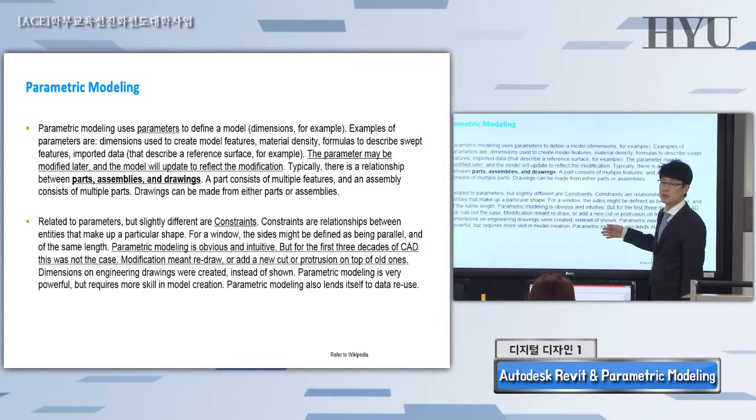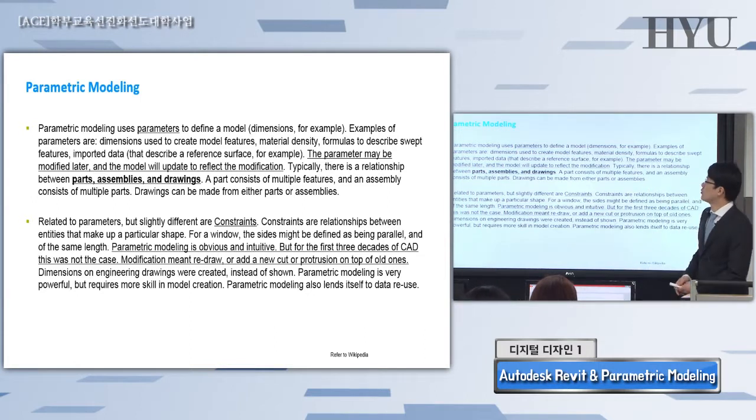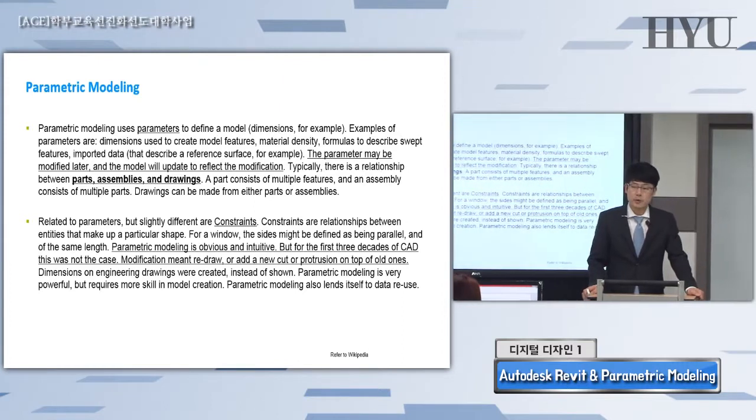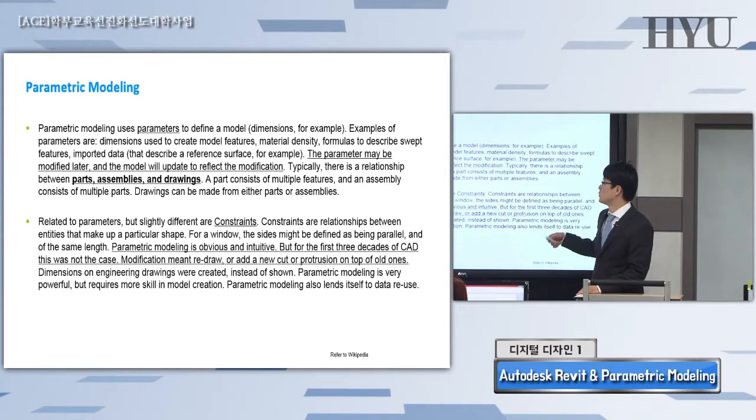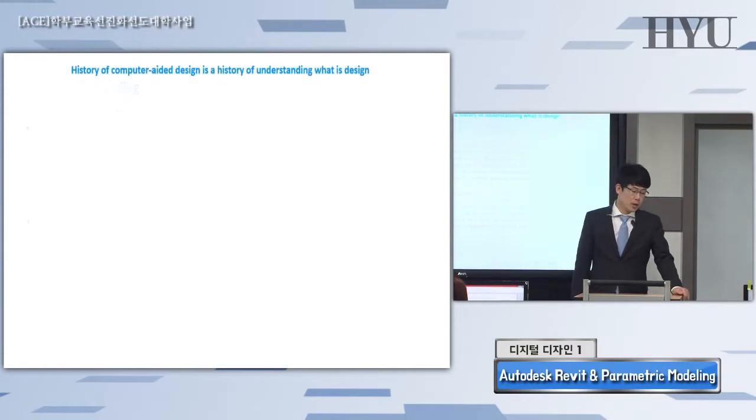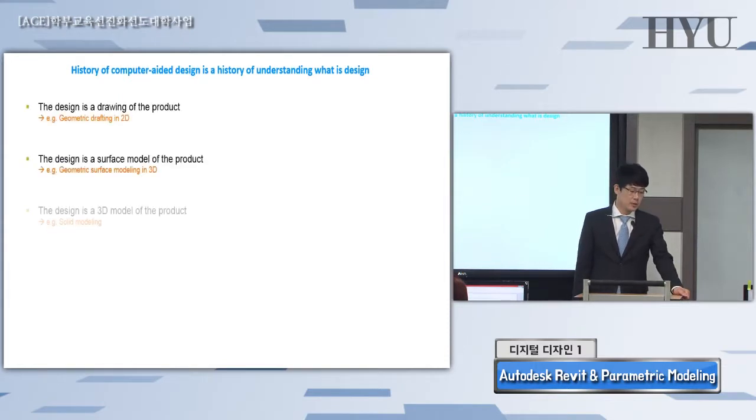And then everything is going to be moved without any issues, okay? So such terminologies within parametric modeling are still very important, but it's not easy to recognize and understand. So I'm going to show you some demonstrations and examples.